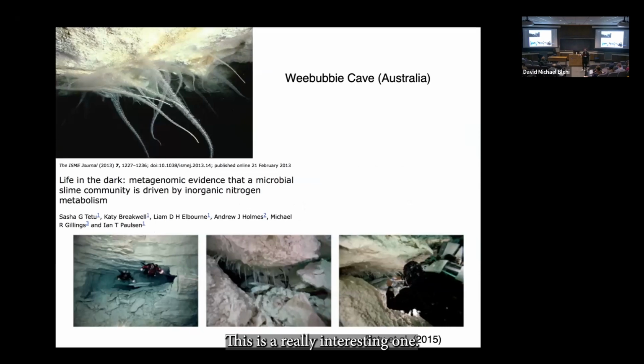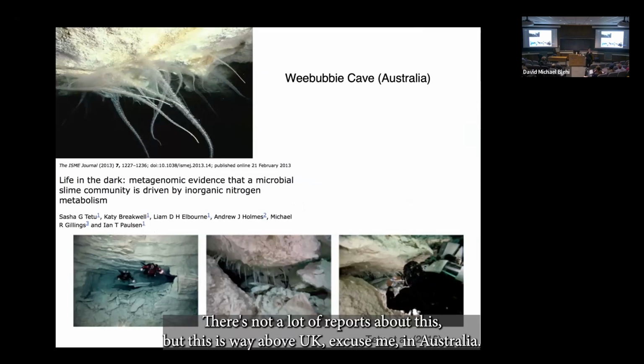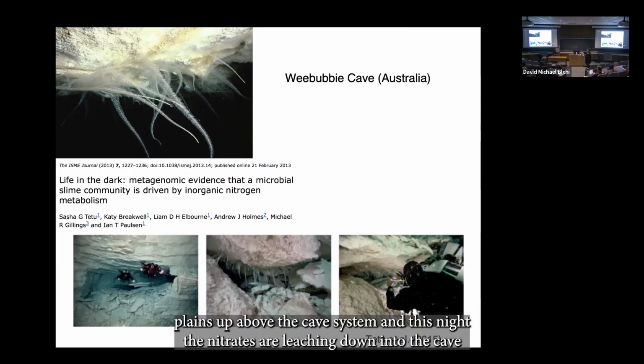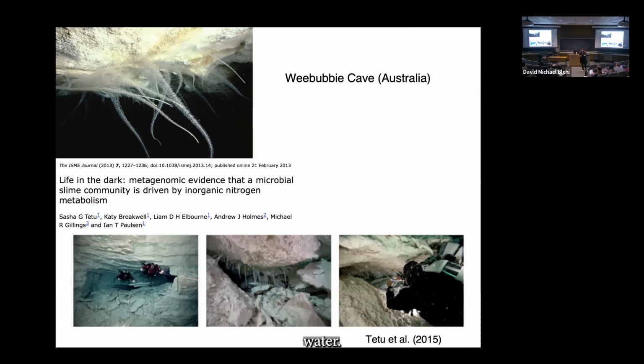This is a really interesting one. And this is so far pretty uncommon. There's not a lot of reports about this, but this is Wee Bubby Cave, excuse me, in Australia. And this is hosting an ecosystem that is almost entirely running on the nitrogen cycle. And so there are nitrates in these evaporitic plains up above the cave system, and the nitrates are leaching down into the cave water.